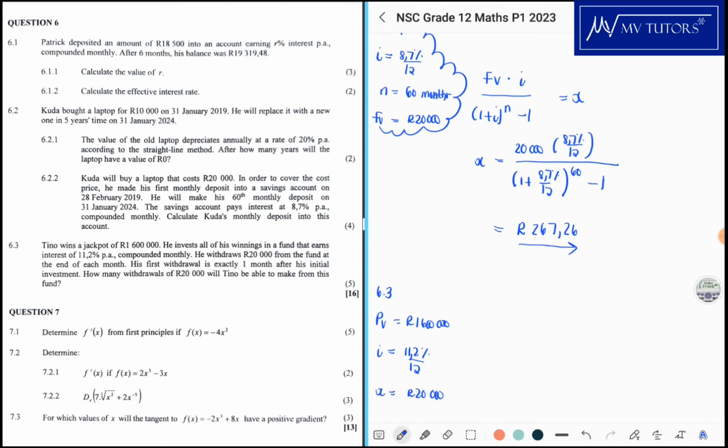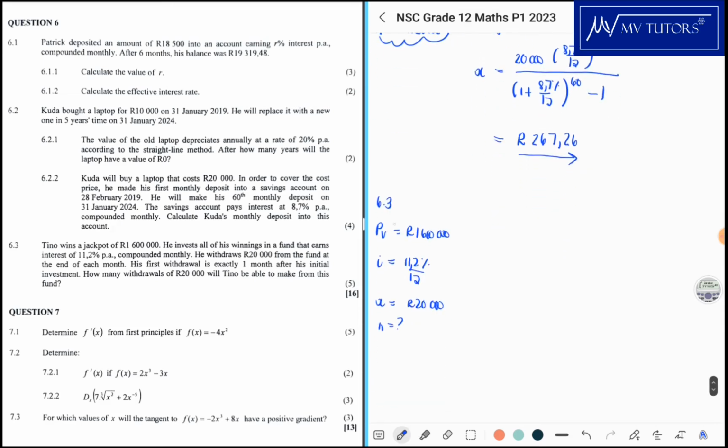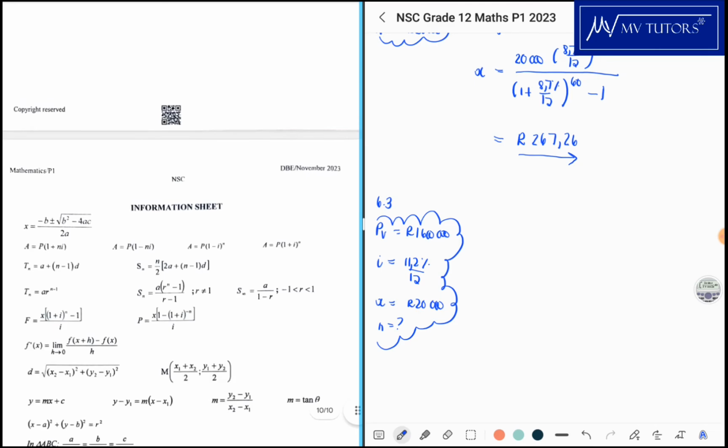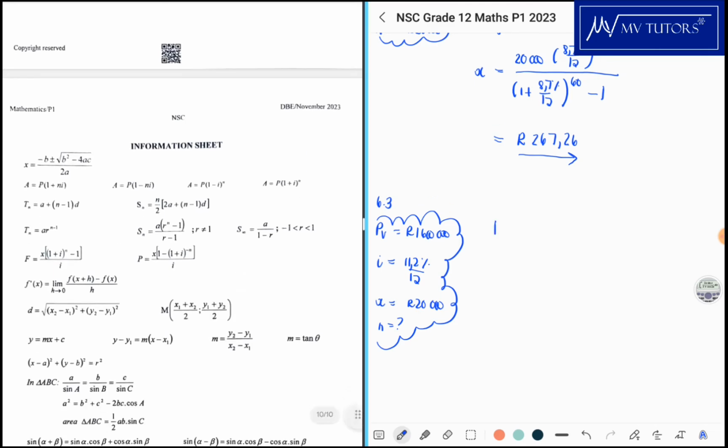And now we're looking for how many withdrawals, so that's N. Let's go and get the present value formula. It's equal to X times 1 minus 1 plus the interest rate to the power negative N, all divided by the interest rate.